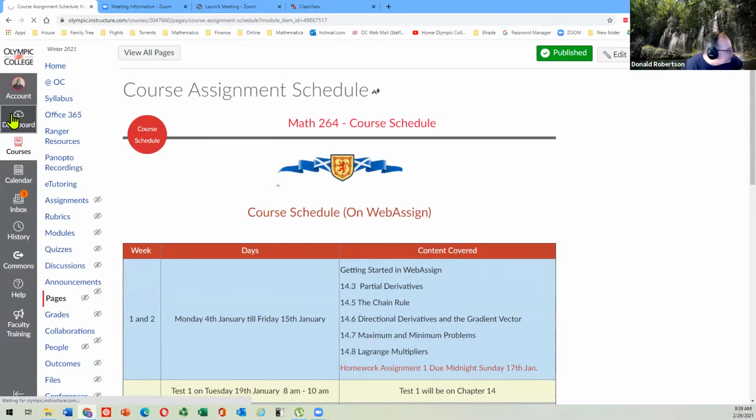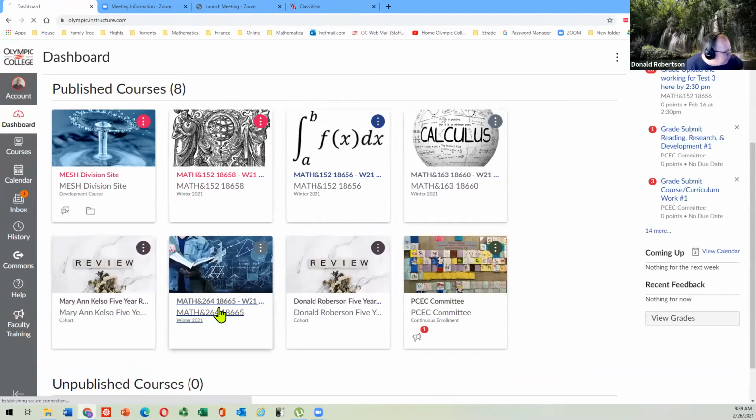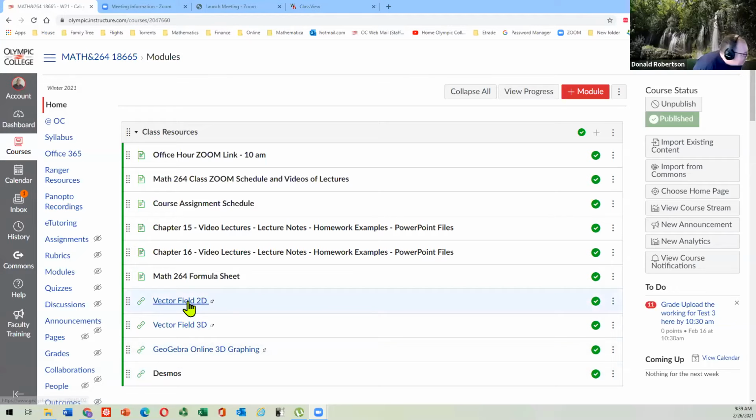Go to dashboard and go into our classes. I should have it there. I don't know why I don't. If I didn't, I apologize. Advanced, basic, right, here we go. Vector fields 2D. I might have totally forgotten that was there. Okay, never mind. Vector field 3D.